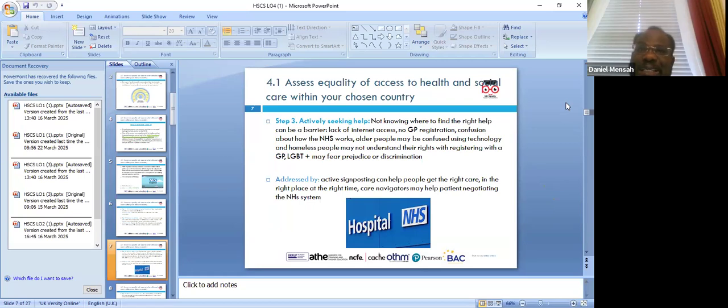But we must also understand that in as much as the carers would raise concerns of inequalities and discrimination, either by age, sex, orientation, and all that, the patients can also raise issues against you, the carer, as well. You understand me? Okay? About the same inequality.